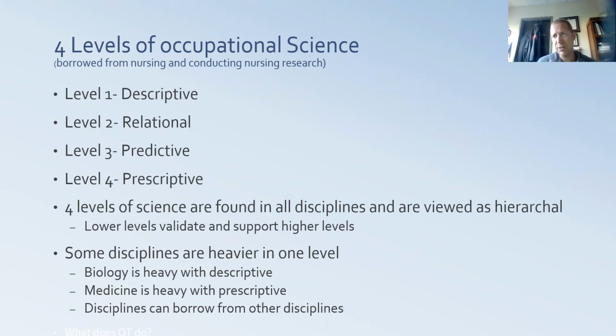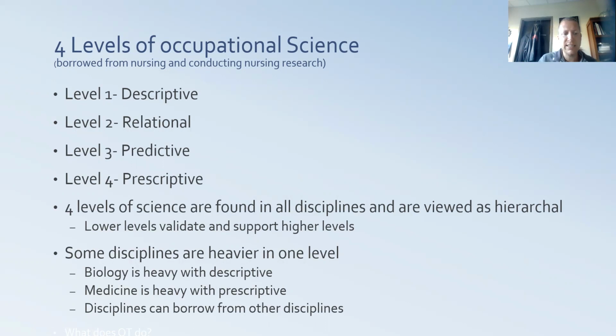Disciplines can borrow from other disciplines too. And so it's not uncommon for OT to look at maybe journals from neuroscience, maybe journals from physical therapy, maybe journals from nursing, okay? All of those other articles or research or scientific study can still benefit us as OTs, and we're hoping that with the emergence of occupational science, that will have some other positive effect on other disciplines also.